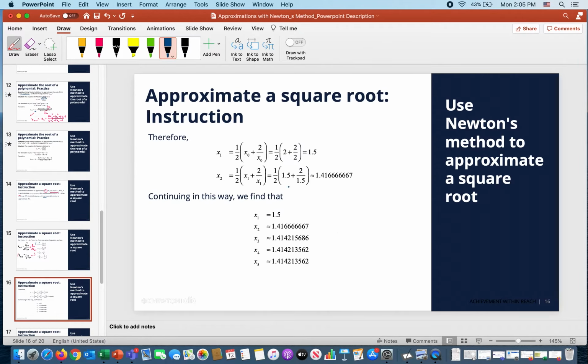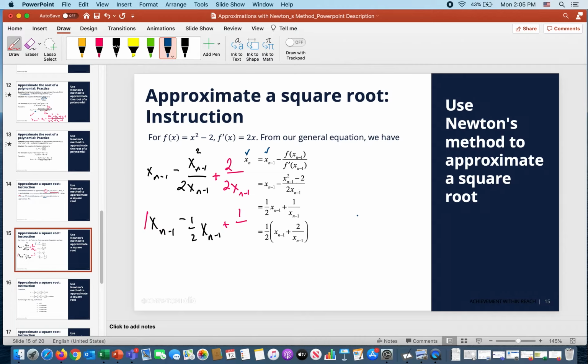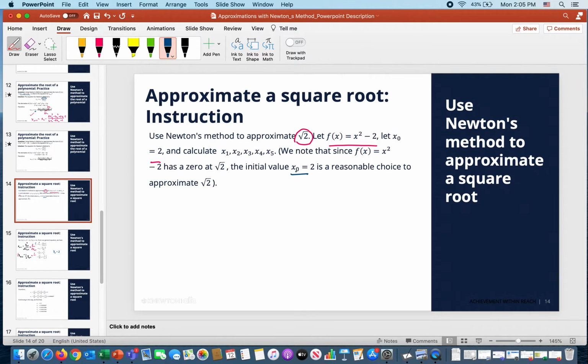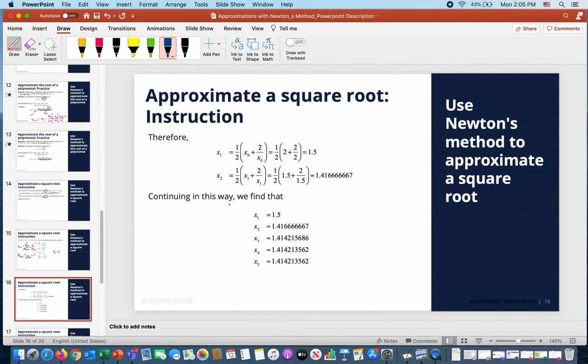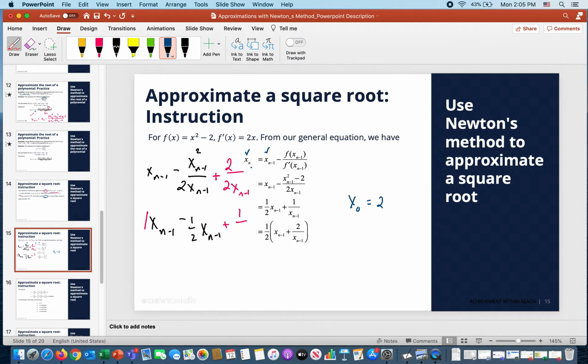Okay, so what we're going to do is say if x sub 0 is 2, and we know that x sub 0 is 2 because we said that right up here. x sub 1 is going to be, now notice this is x sub 1. x sub 1 takes into account the previous term, as our n minus 1.